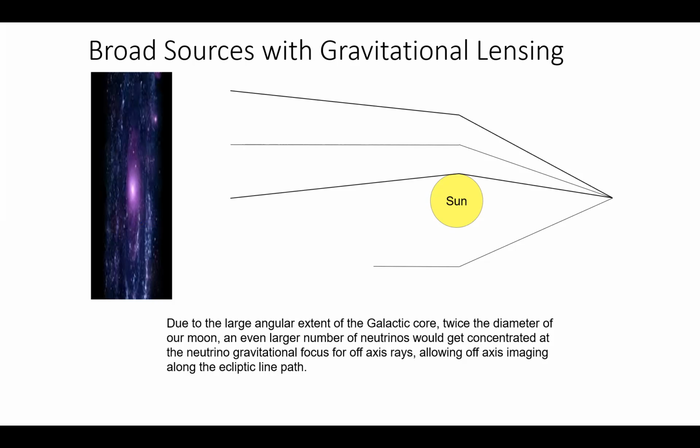And of course, we could have direct imaging and off-axis imaging, as we demonstrated with that Hubble ring lensing earlier in this presentation. Due to the large angular extent of the galactic core, twice the diameter of the moon, you could even get a larger number of neutrinos concentrated at the neutrino gravitational focus for off-axis rays.